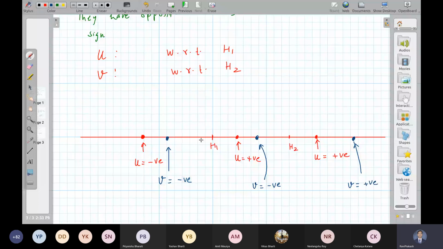Second focal point यहाँ बनता है तो negative.